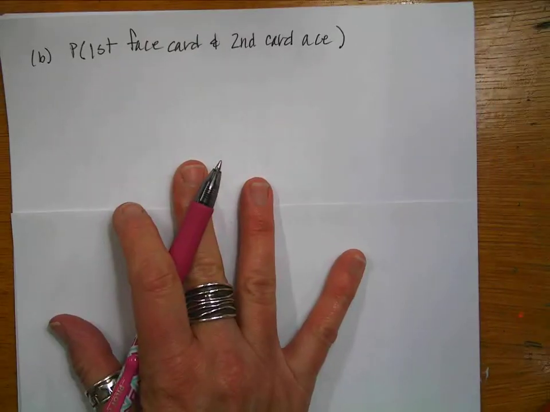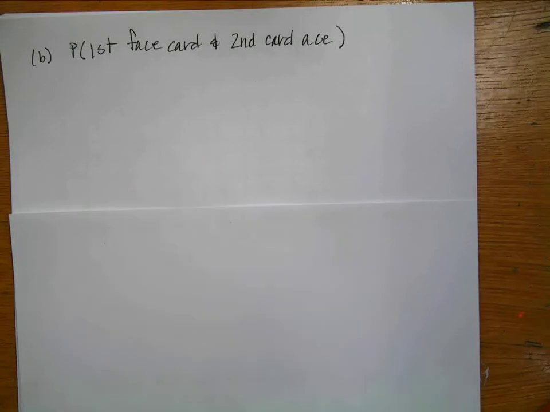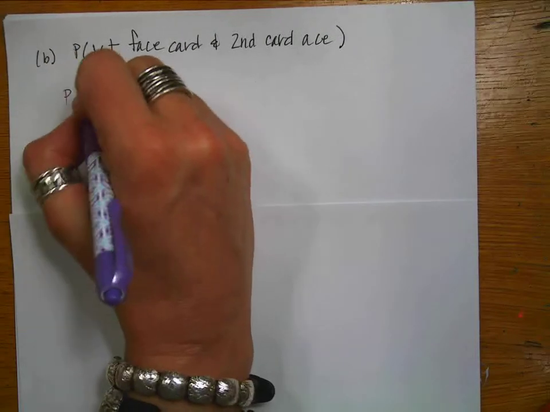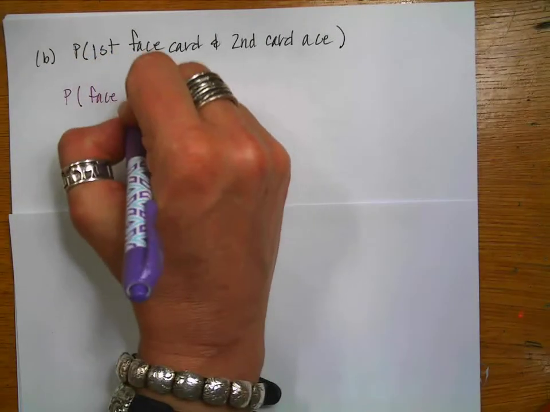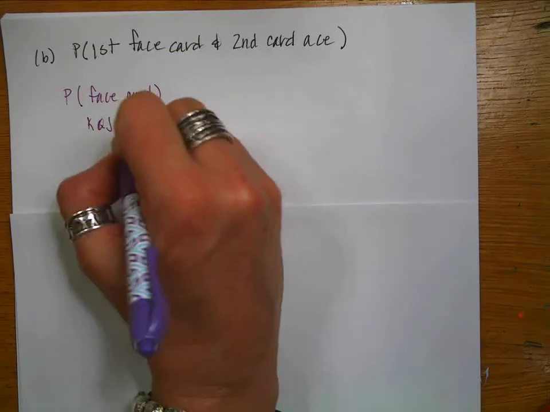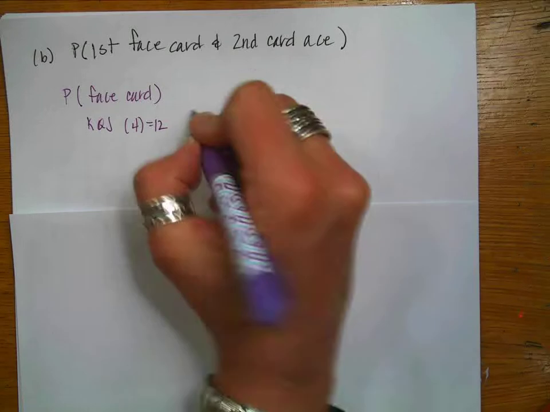So this one says the probability that the first card is a face card and the second card is an ace. Okay, so let's work on this example. So the probability that I get a face card, and remember that face cards are king, queen, jack, and there are 4 suits, so there are 12 of those.